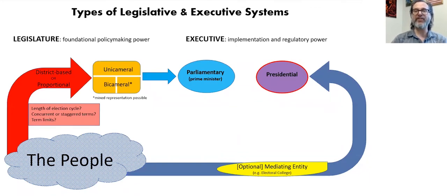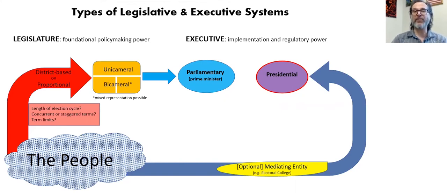And in a presidential system, the president is chosen either by the people directly or through some kind of optional mediating entity, which is what we have in the United States with the Electoral College. You could have a direct elected presidential system. This is what most countries that have presidential systems or mixed systems do: the president is directly elected through a majority national popular vote.